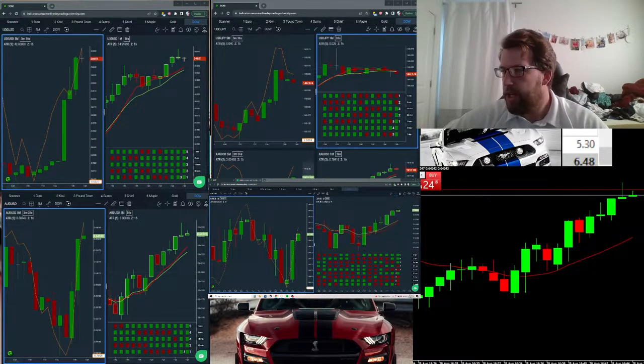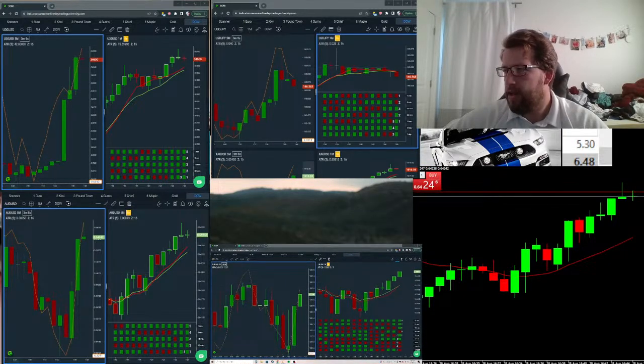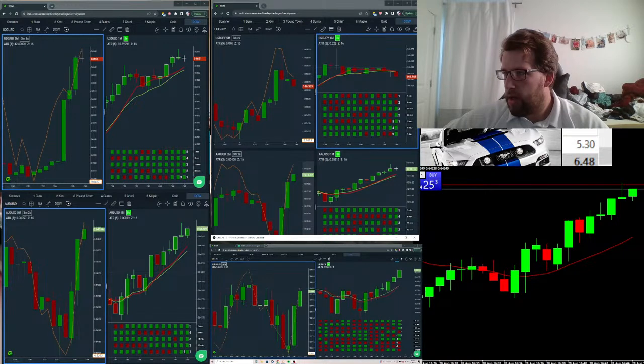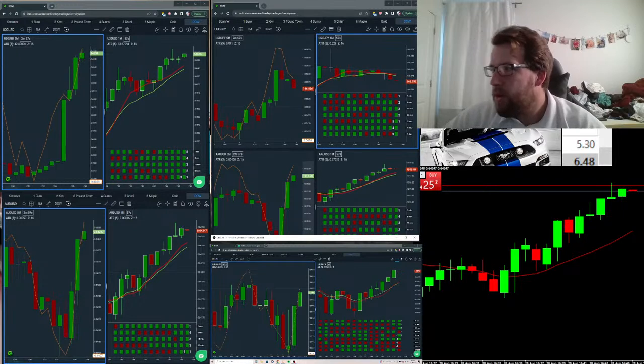But I need to adjust some screens here just a little bit. Might have to make the Mustang go away. Oh, that's sad. So we can see some more of that.